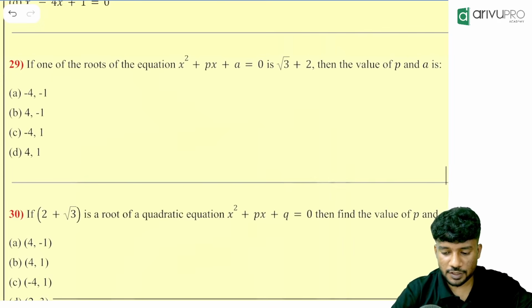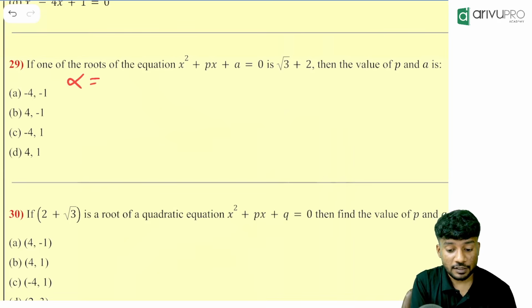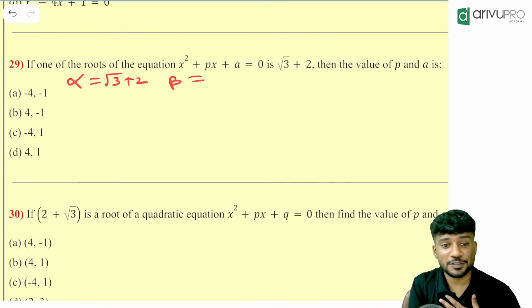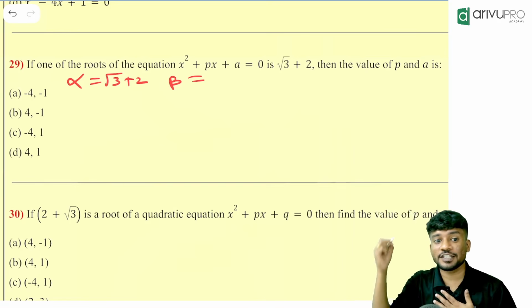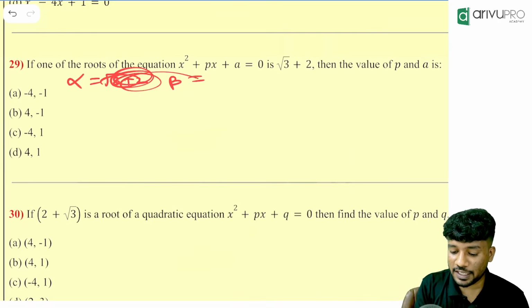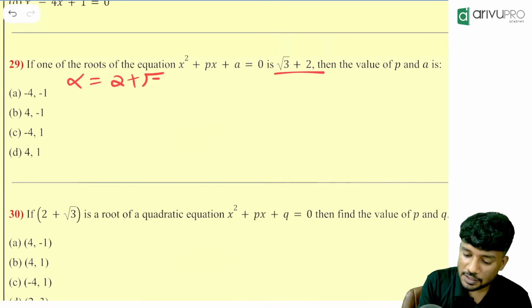Solve the first question. People, listen carefully. One root is alpha, that is root 3 plus 2. Then beta will be how much? Don't say root 3 minus 2. The sign in front of the root is only changing. Correct? Sign in front of what is changing? Sign in front of the root is changing. So instead of writing alpha is equal to root 3 plus 2, you will write it as 2 plus root 3.